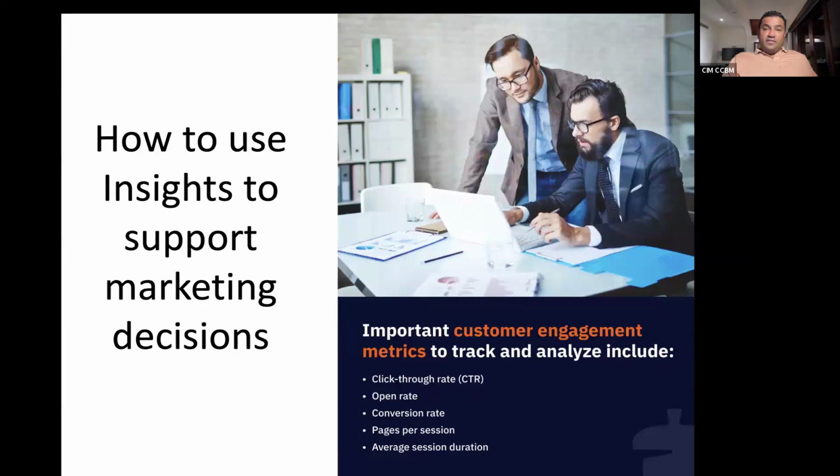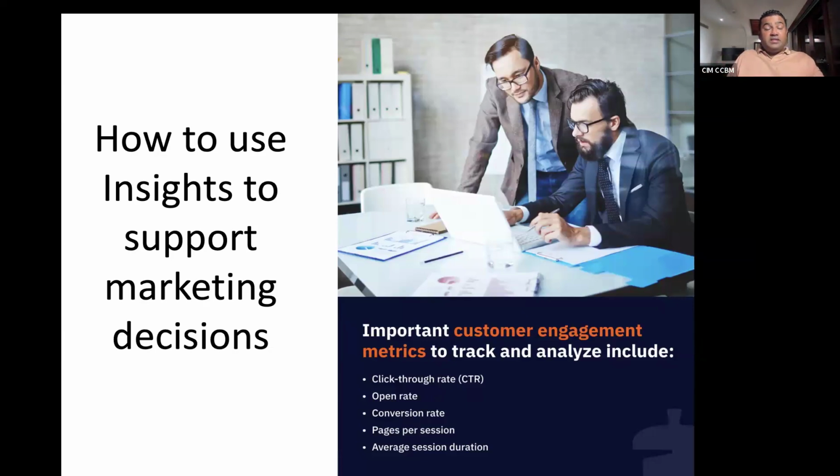Then you have conversion rate. Conversion means how many people on your website go and check out your page and then show interest using the chat. They ask how much and all that, and then go into the cart and pay for your product. So those are called conversion rates, right?